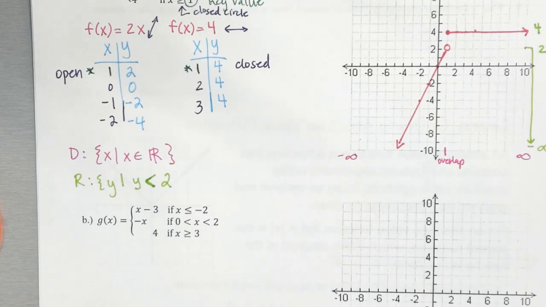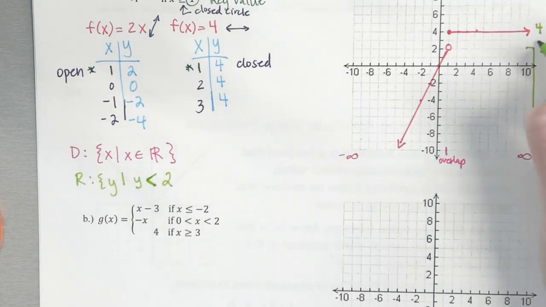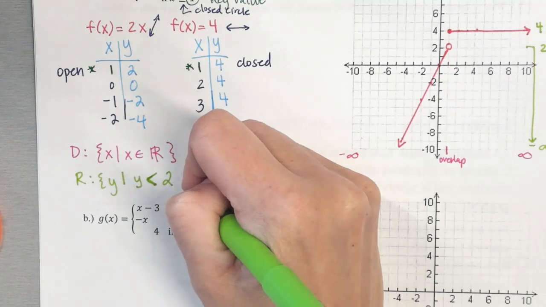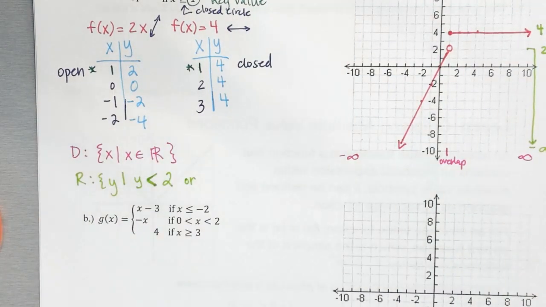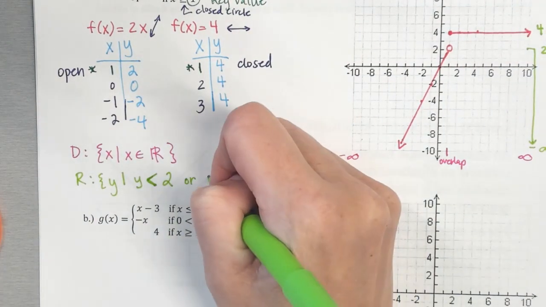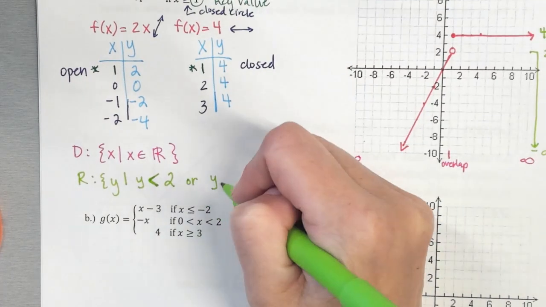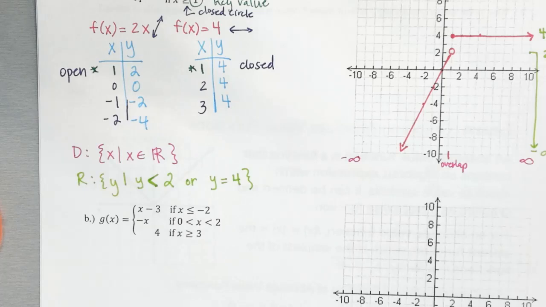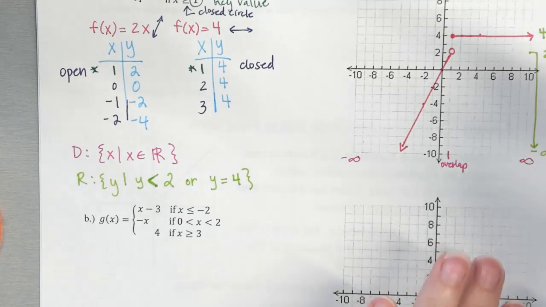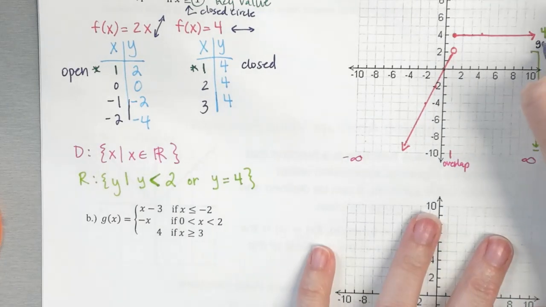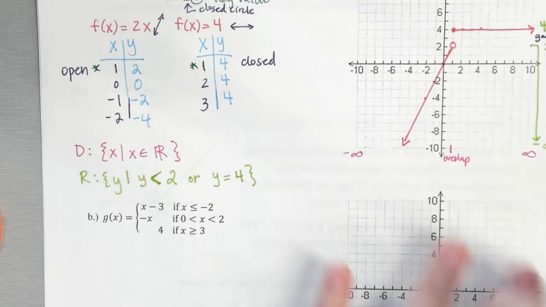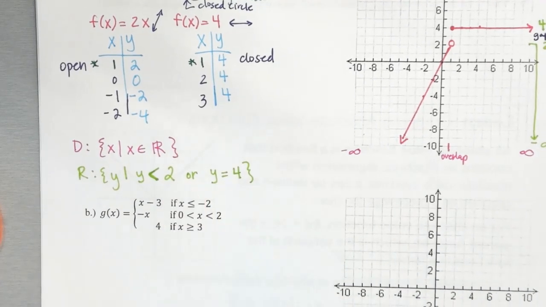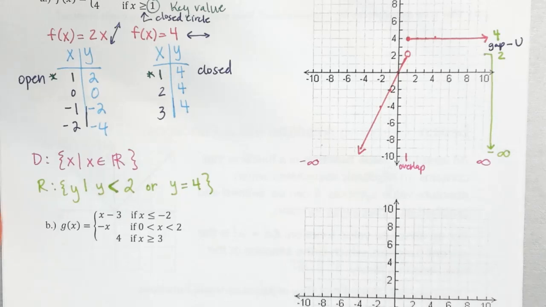And if we were doing interval notation, there would be a union here. Because we're doing set builder, we're going to use or. And the only other value it can be is 4, so it would be y equals 4. So anytime there's a gap, remember, that's the union, and the way we say that with set builder notation is going to be the or.